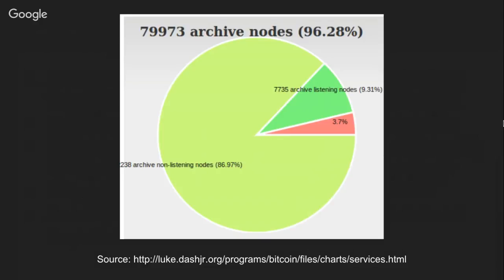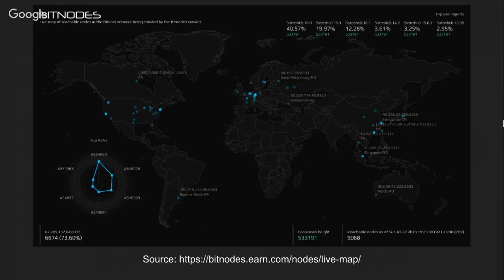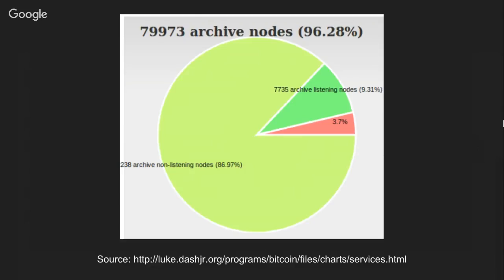I think this is an important chart because there are a lot of people that will go to bitnodes.com, which is like this map. You'll see something like this pretty often, and they'll say, well, hey, it says only 9,000 nodes, or on this chart 7,700 nodes.